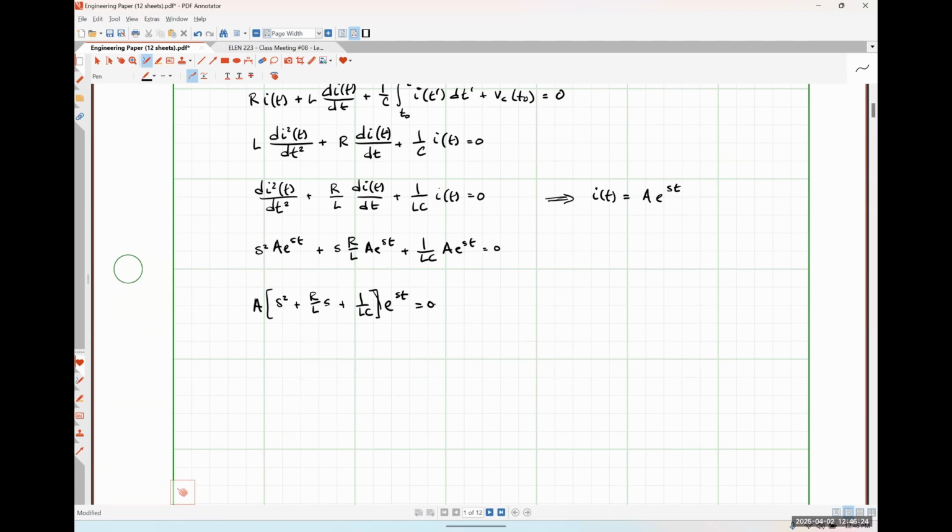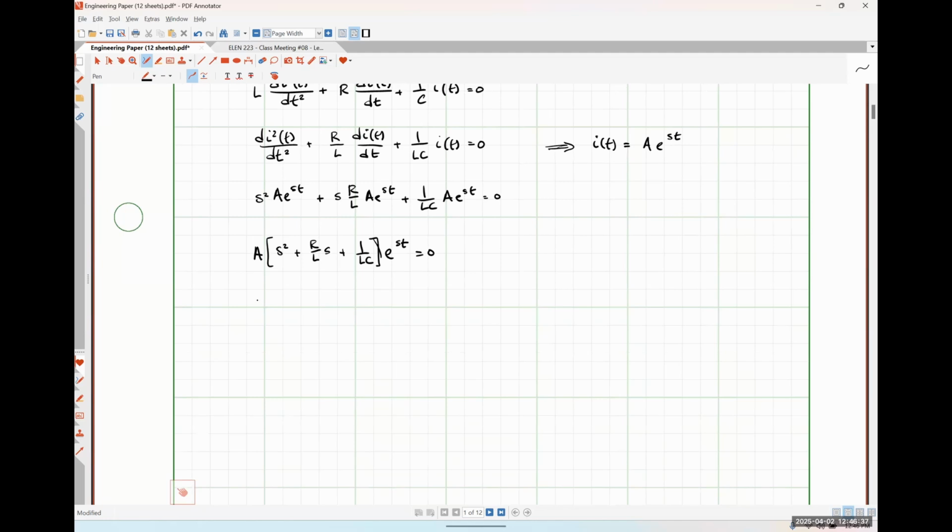And just like we did with our parallel system, we're just going to figure out what makes that characteristic polynomial 0. This is a second order polynomial, or quadratic function, right? So we're going to have two solutions, s1 and s2.